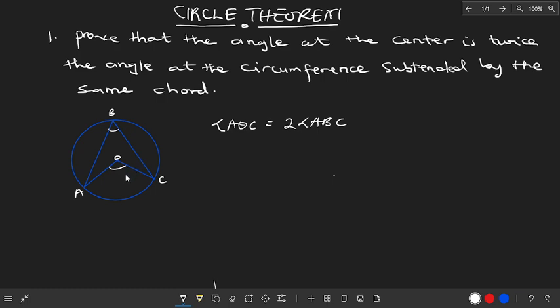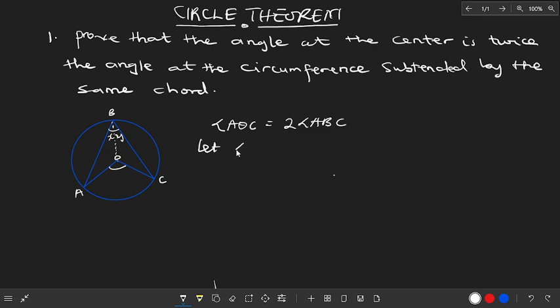Let's divide this angle into 2 and name this angle X and this angle Y.